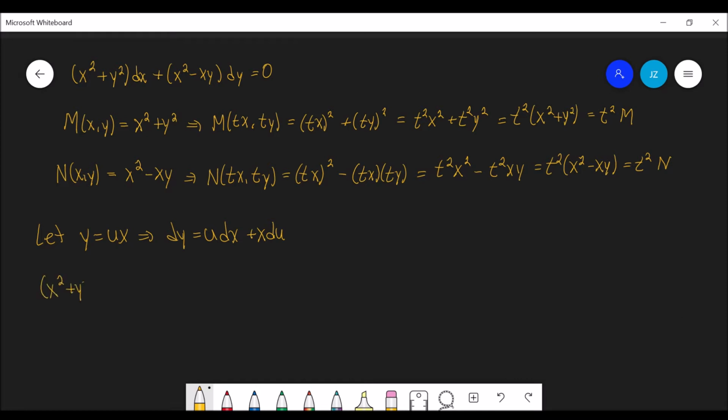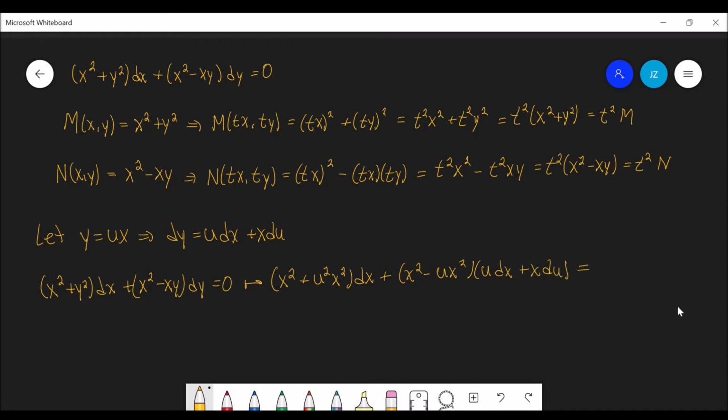So we take our original equation and we can rewrite it as (x squared plus u squared x squared) dx plus (x squared minus u x squared) times the quantity u dx plus x du is equal to 0.